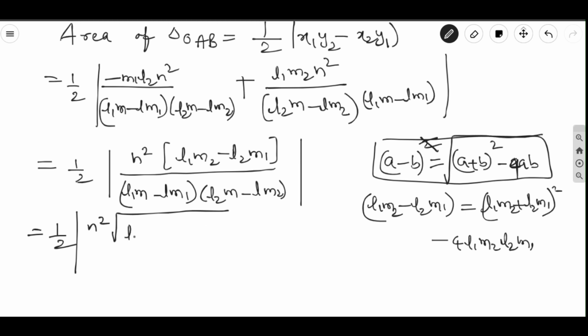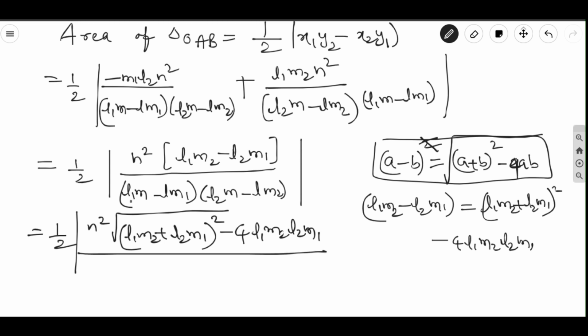Under root of L1 m2 plus L2 m1 whole square minus 4 L1 m2 L2 m1, by the product of these two: L1 L2 m square minus L1 L m m2 minus L L2 m1 m plus L square m1 m2, modulus.